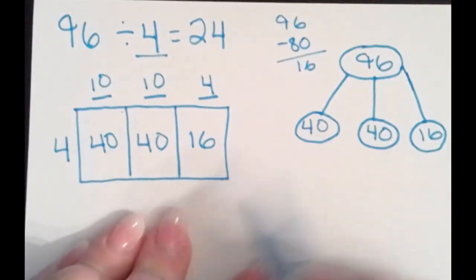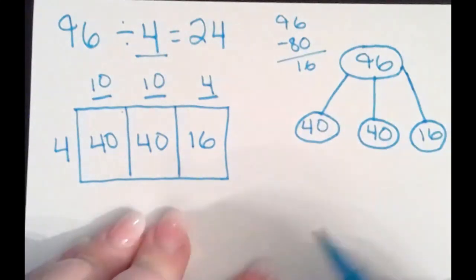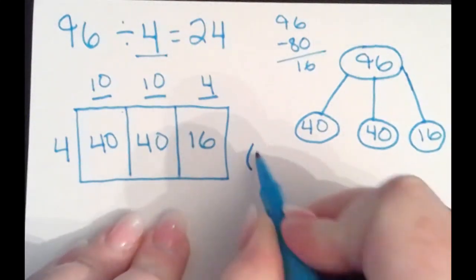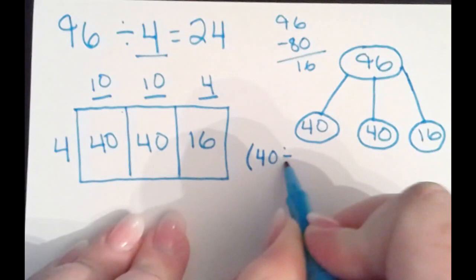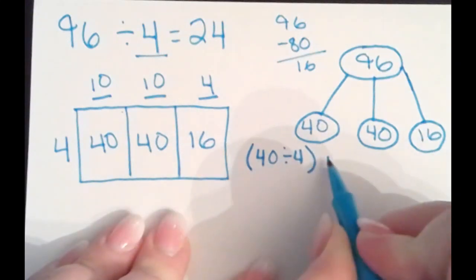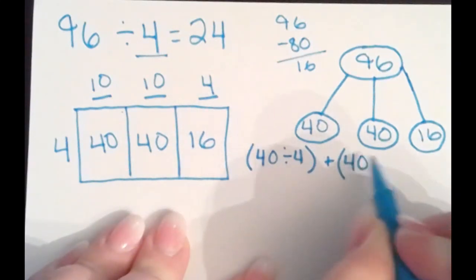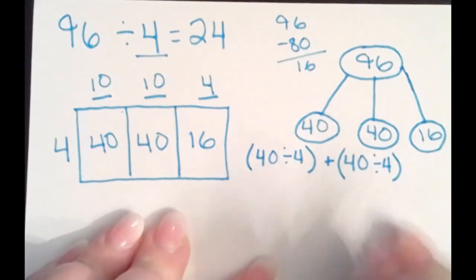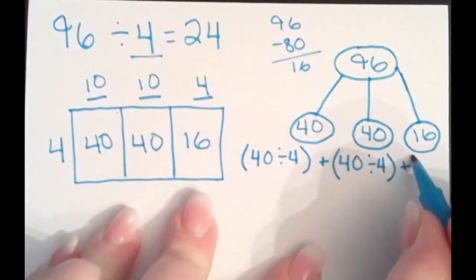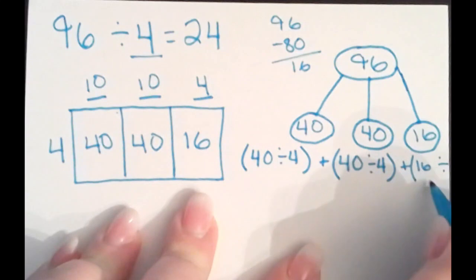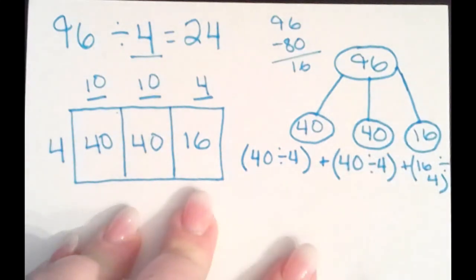Okay, and so I'm going to show you what I did over here with my number bond. I had 40 divided by 4, and I'm going to add that to 40 divided by 4, and then 16 divided by 4. I ran out of room, guys, sorry.